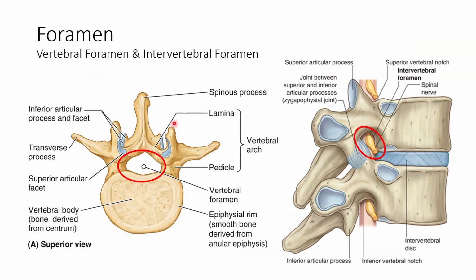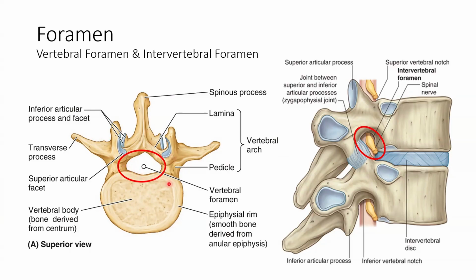First, in a single vertebra, created by this vertebral arch off the posterior portion of the vertebral body, is the vertebral foramen. The vertebral foramen is present, like I just mentioned, in an individual vertebra. If you were to see multiple vertebrae stacked on one another, we sometimes call that the spinal canal.